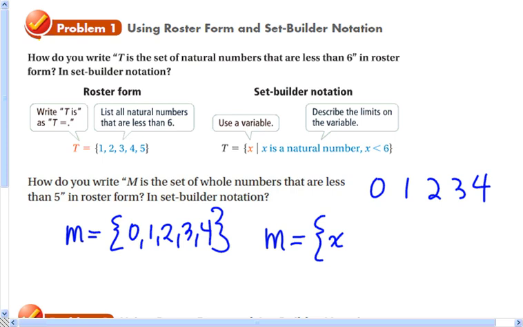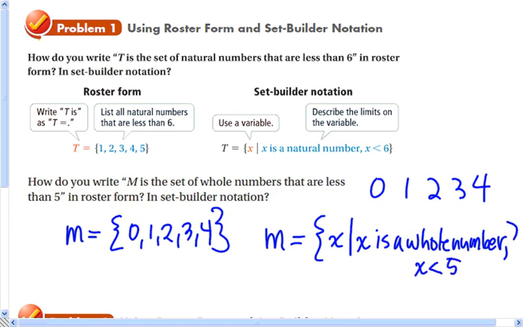And we say X, this line is read such that X is a whole number, comma, and that's read and X is less than 5. Let me finish that with a brace. So that's set builder notation.